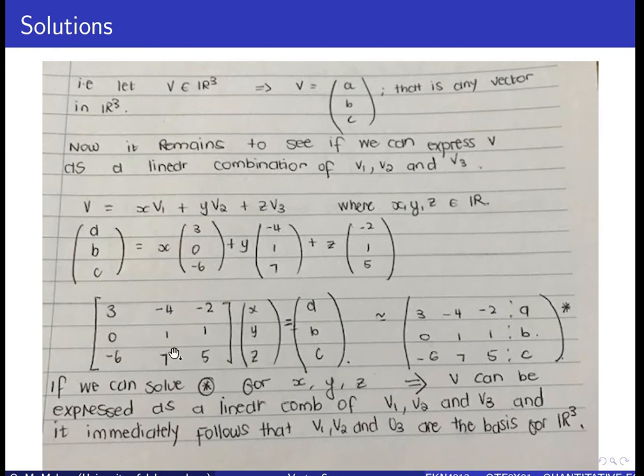This equation can be written in matrix form as follows. Then I need to reduce this into echelon form and use backward substitution to solve for X, Y, Z. You will see that X, Y, Z will be solved in terms of A, B, and C. So if I can get such X, Y, and Z, it means that I can express any vector in R3 as a linear combination of V1, V2, and V3.